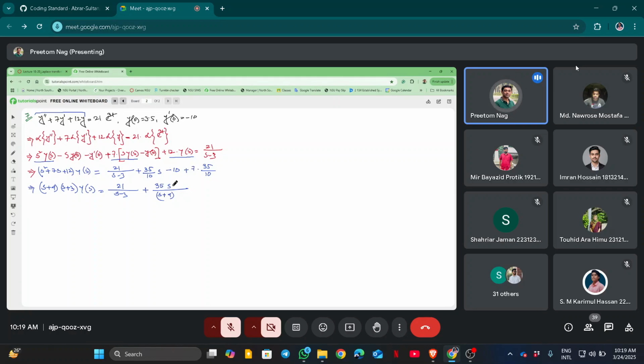This can be written as s plus 7 over s plus 4 into s plus 3, minus 10 into 10 over s plus 4 into s plus 3. We have missed one part here, that the denominator is s minus 3, s plus 4, s plus 3. Can everyone understand?